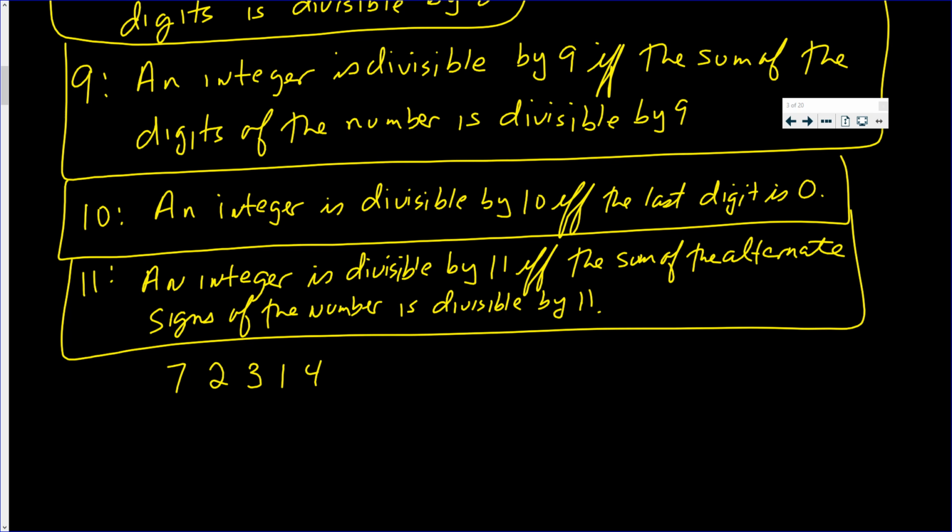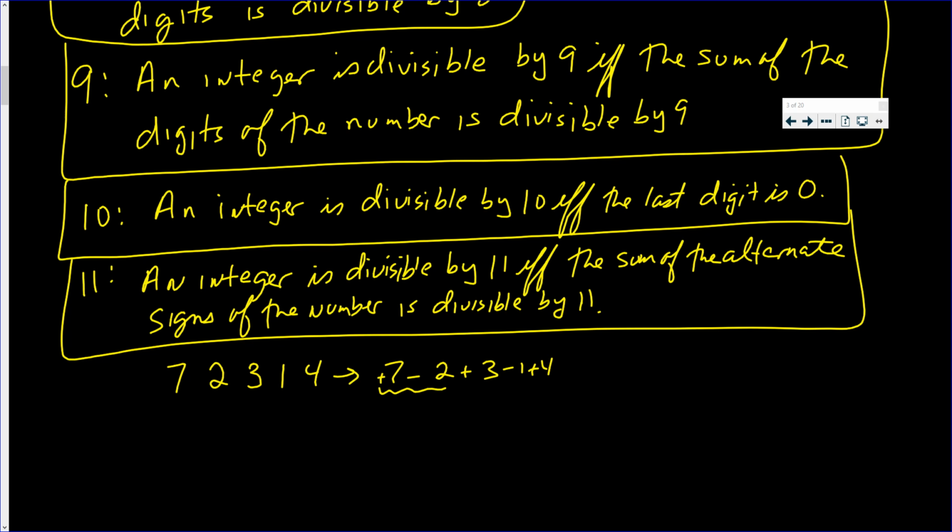Is this number divisible by 11? 7, 2, 3, 1, 4. We'll assume it's plus 7 minus 2 plus 3 minus 1 plus 4. We alternate the signs.